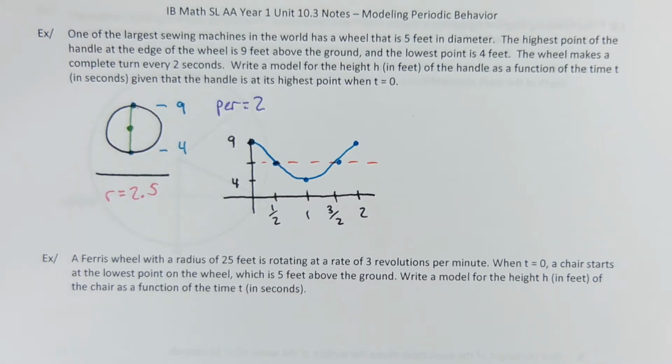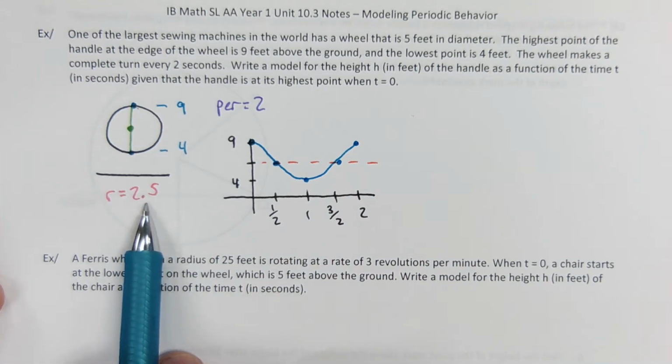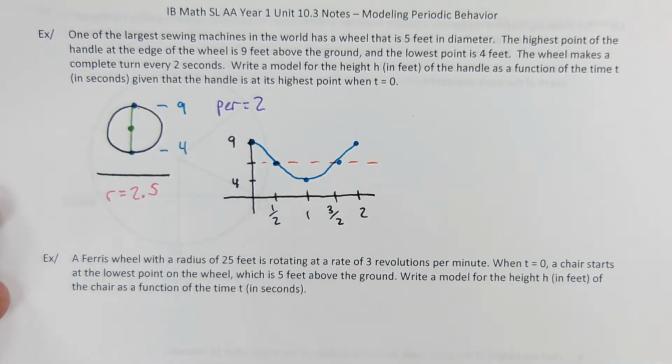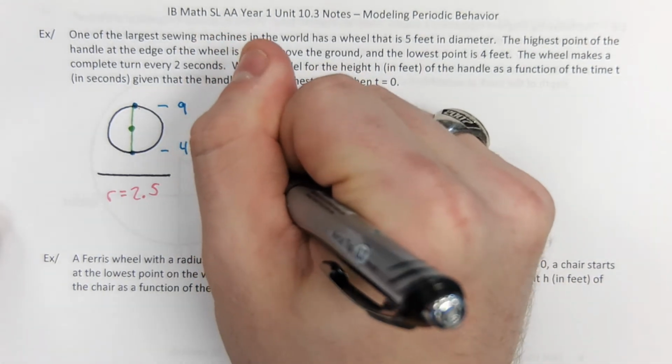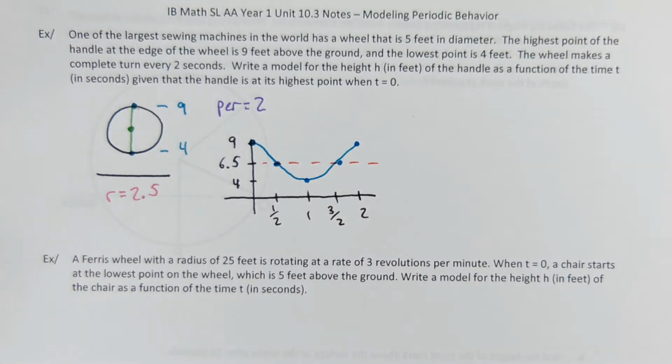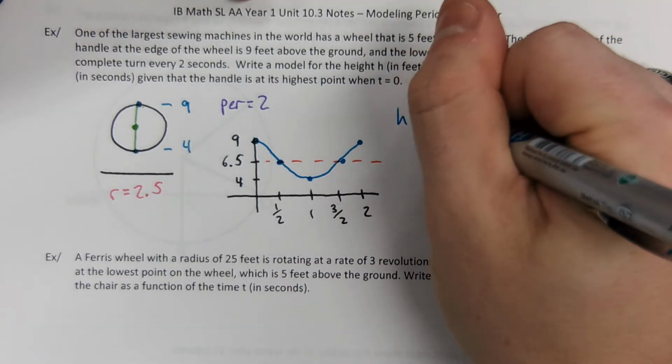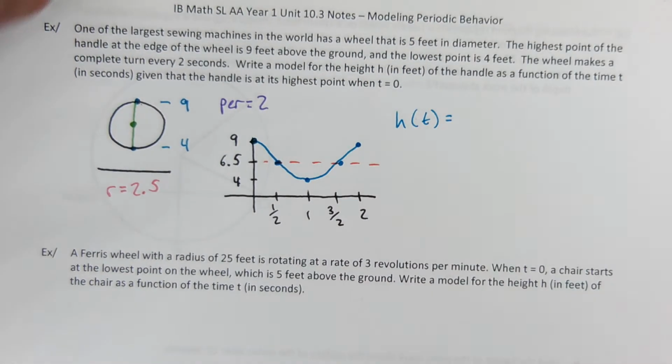What's halfway between 9 and 4? 6.5. Strange. That's exactly 2.5 above 4. That's not strange at all. I think we're ready to write an equation here. H of t, height over time, is, first of all, what shape is this graph?